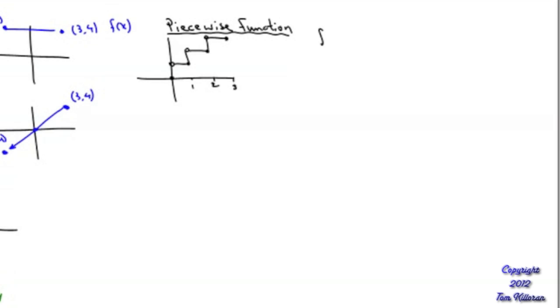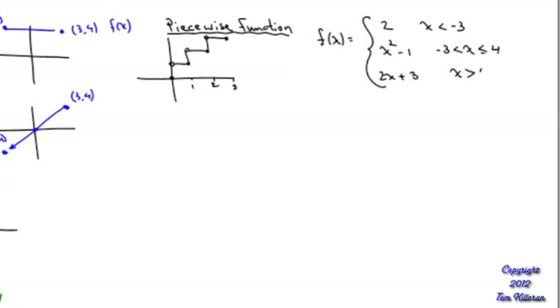So if I define a piecewise function, it's going to look like this. You're going to have these little functions, and off to the right of them, these things over here, these are the ifs.